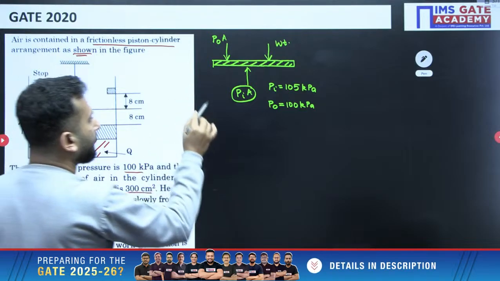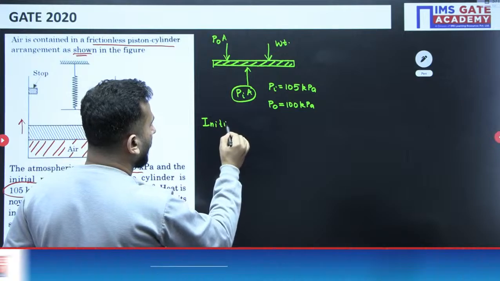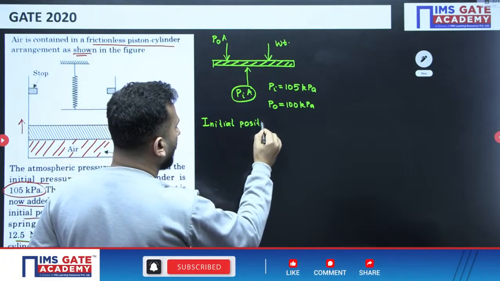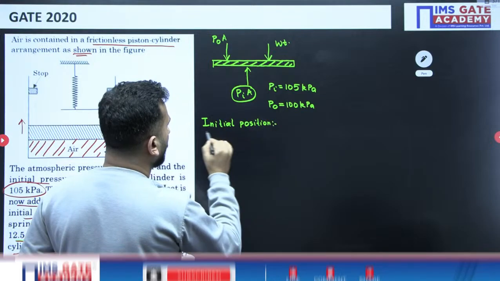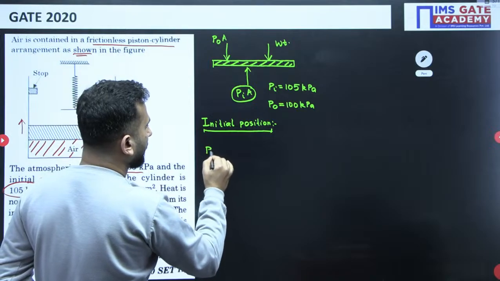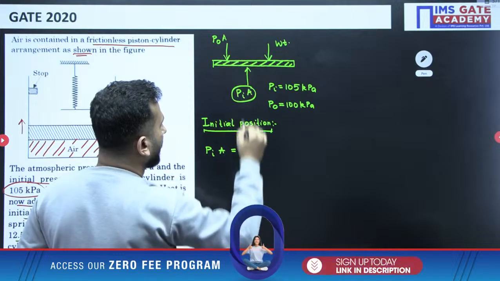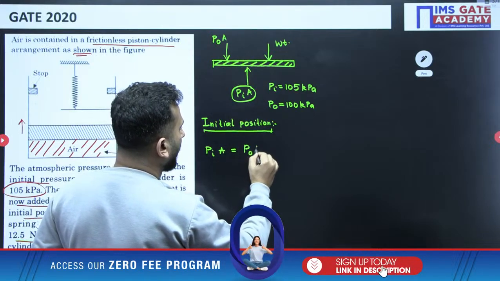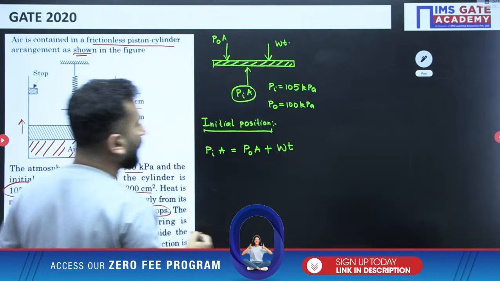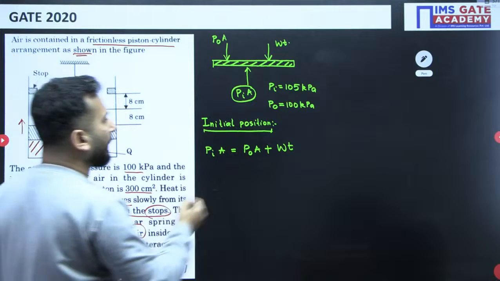So at the initial position, if I draw the FBD, on this side the force is Pi into A. On the upper side it is P naught into A plus the weight, I am simply writing weight, as I don't need to calculate the weight right now.